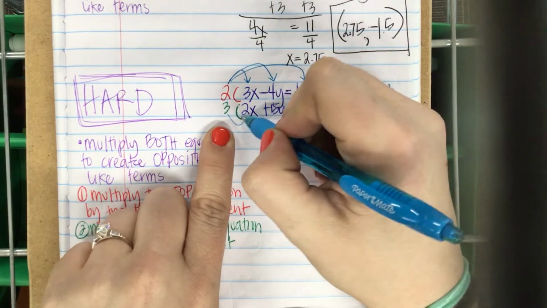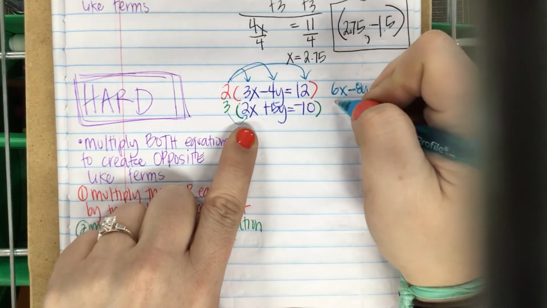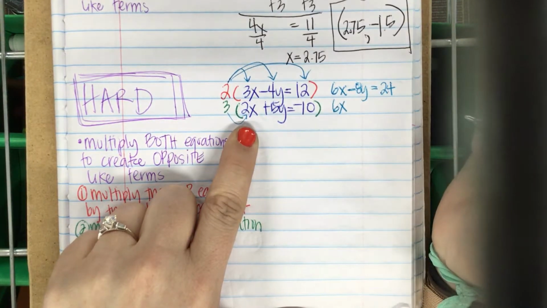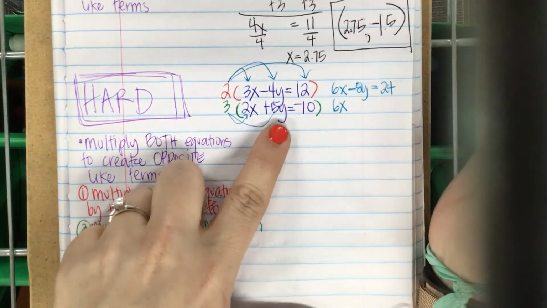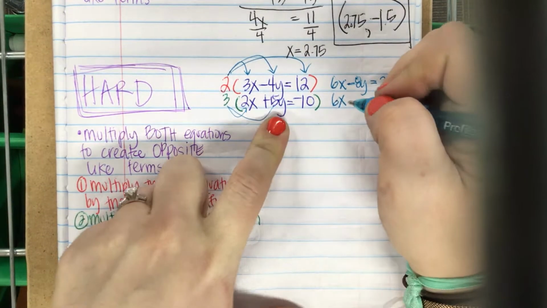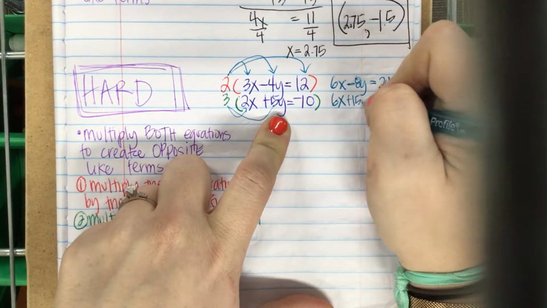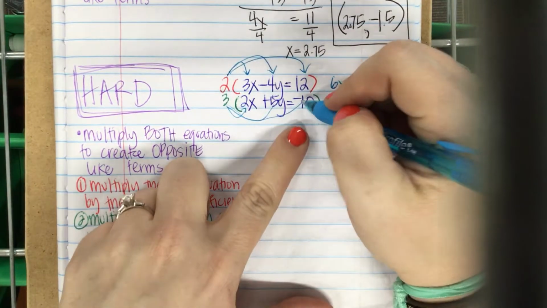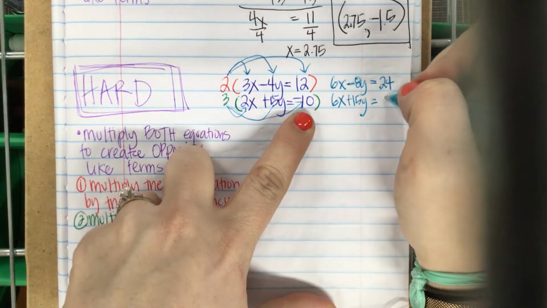Next, 3 times 2x is 6x. 3 times 5y is 15y. And 3 times negative 10 is negative 30.